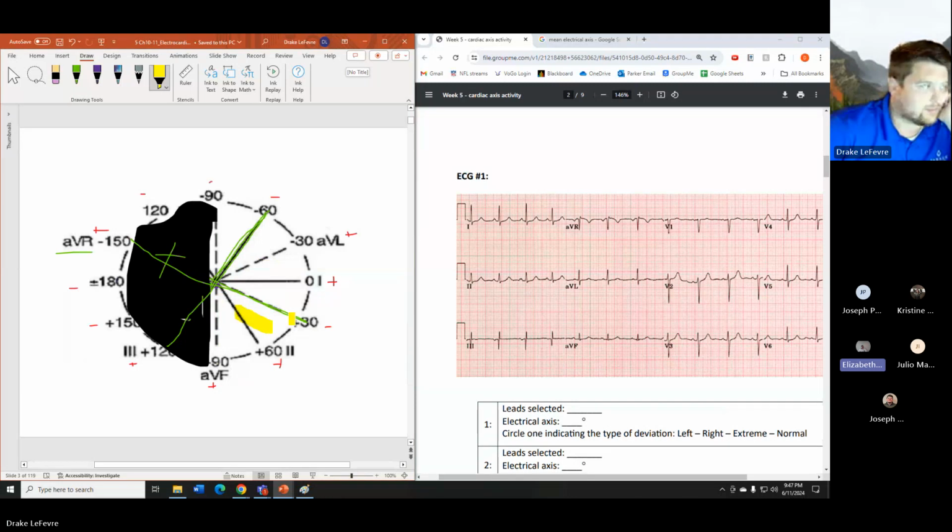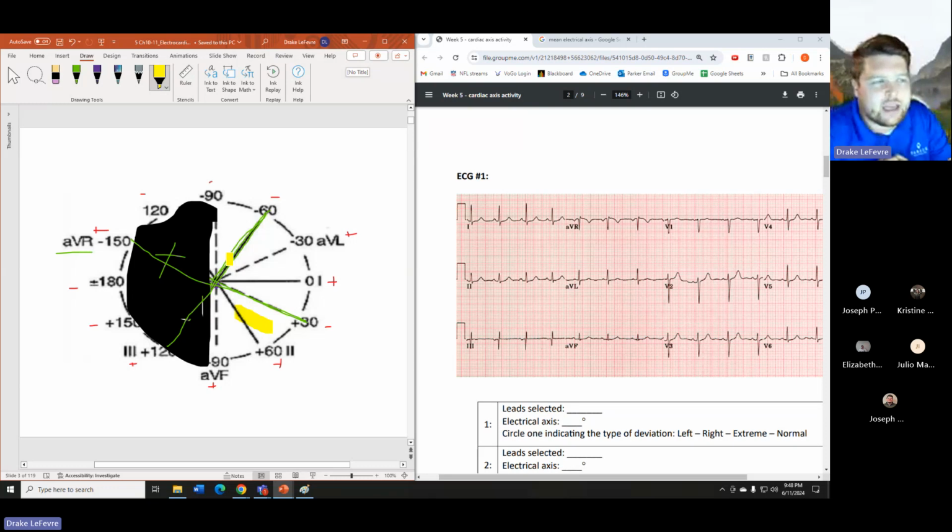I think. So it's switched for the AVR. Yeah, because we need to look at that. That's why drawing this setup is super important, so that you know which lead is on which line and which direction of the lead is positive and which direction is negative.